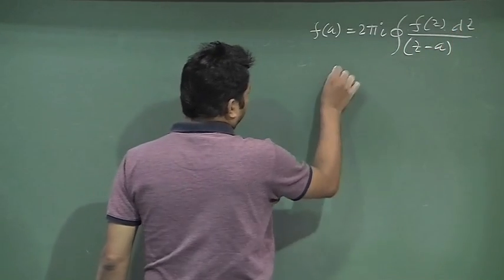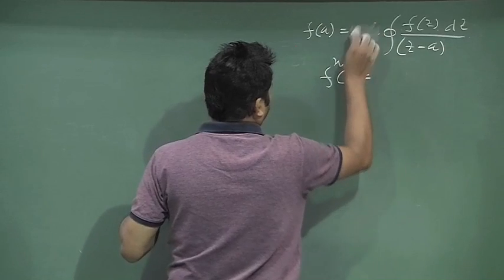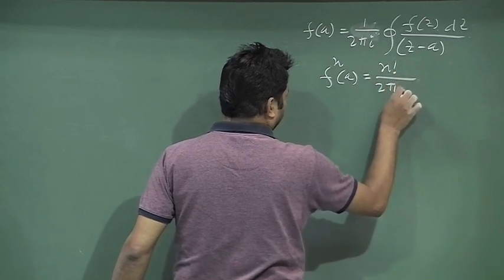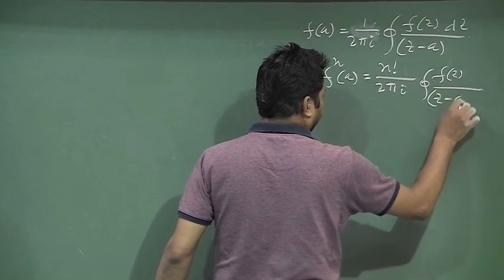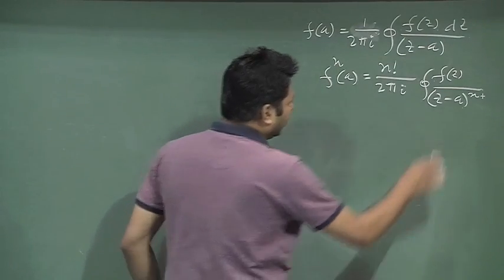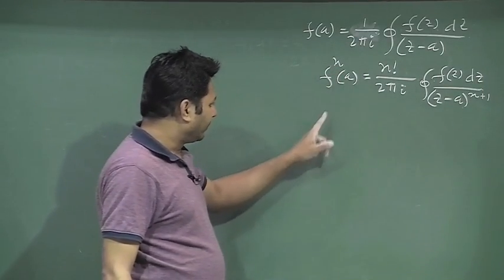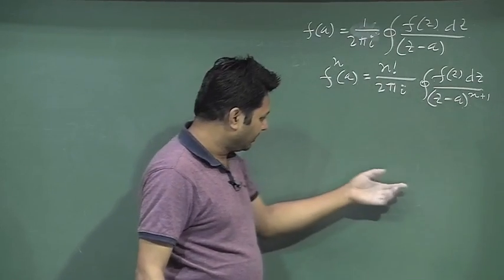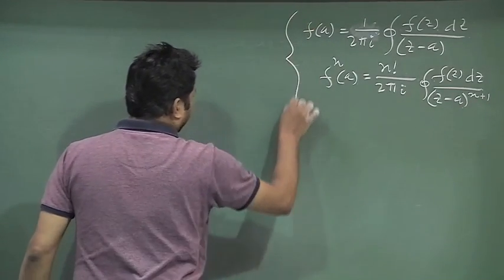This is one formula that I have, and another is f n a, which is factorial n divided by 2 pi I total integration of f z divided by z minus a whole to the power n plus 1. I do not remember what I wrote here, but it should be n plus 1, because every time you differentiate, when it was 1 we had 2 here. So, when it is n, it should be n plus 1.